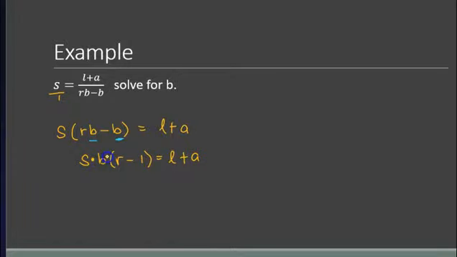These are just multiplication, right? So what we are trying to do is, this is our variable and you want to treat this as a constant. That means I can just divide both sides by s and r minus 1. Why can I do that? Because these are all multiplication. So s will cancel out and r minus 1.